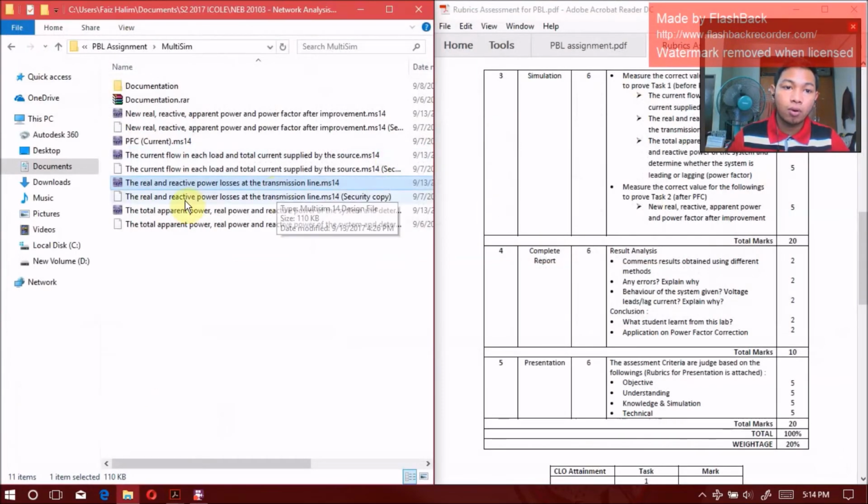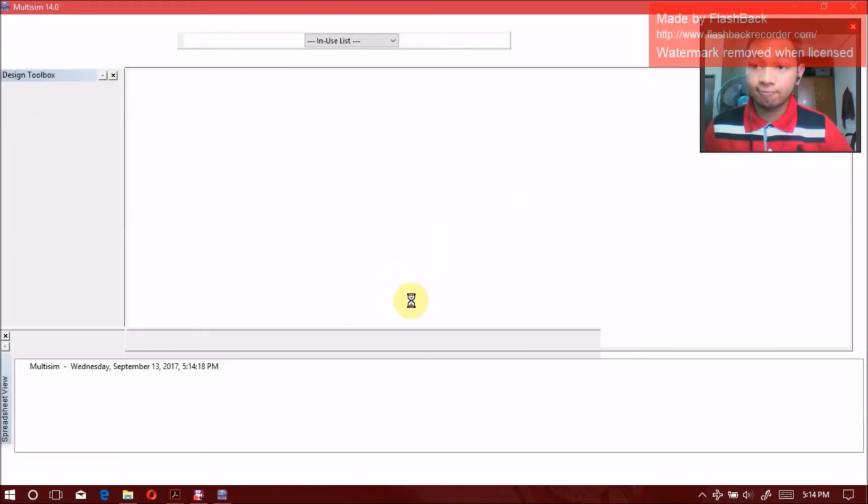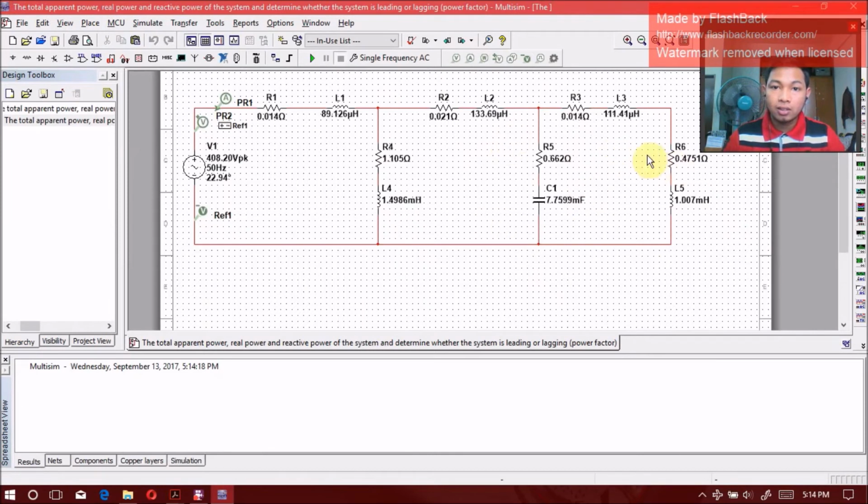Next we go for the total apparent power and real power. For this one you need to put the voltage meter at the voltage supply, here and here. This is the positive probe and this is the negative probe, and the ammeter is applied the same way, after the power supply.